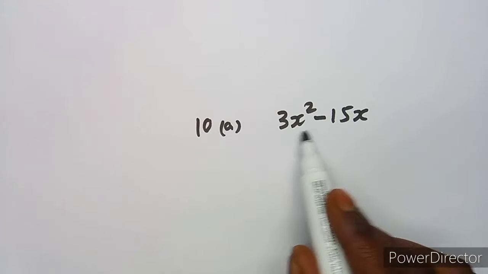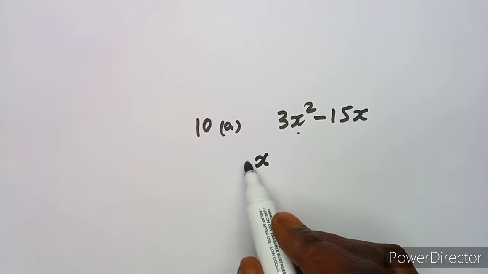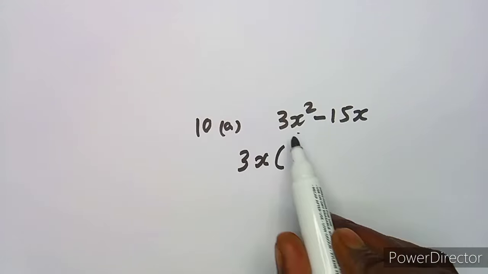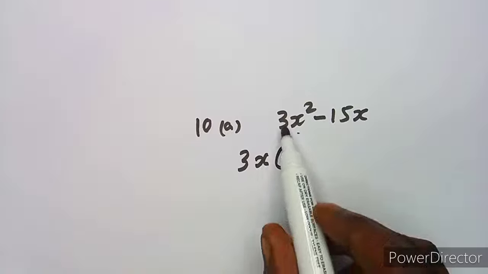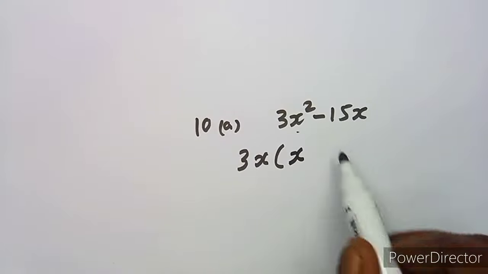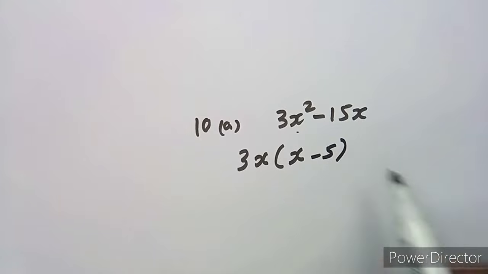So 3 is common between these terms, and also x is common because you have to factor out the highest common factor. So we've got 3x here as our highest common factor. So we divide 3x squared by 3x, 3 and 3 will cancel, x squared and x, we are going to have x, minus 15x divided by 3x, which is going to give us minus 5. So this one is direct, guys.